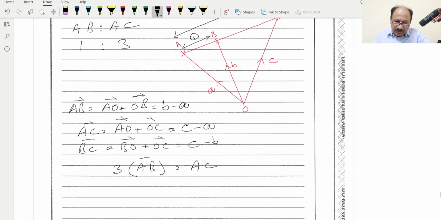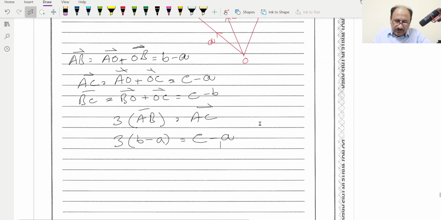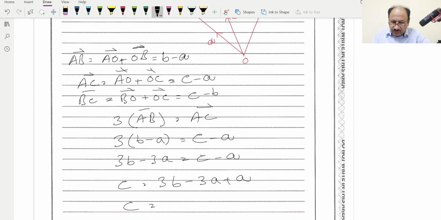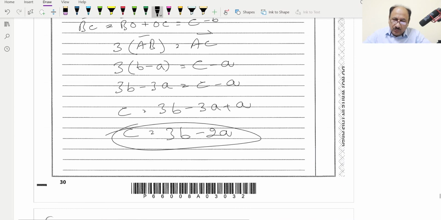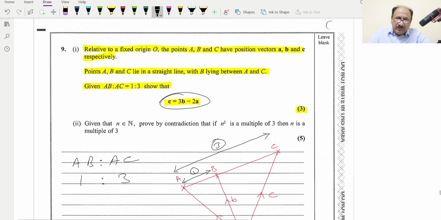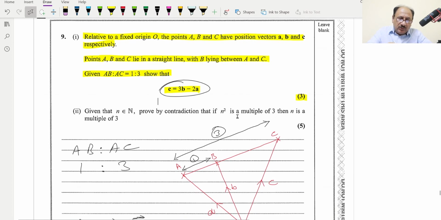So AB is equal to B minus A, so we can replace it: 3 times B minus A is equal to AC, and AC we have found is C minus A. Further we can open this: 3B minus 3A is equal to C minus A, and C will be equal to 3B minus 3A plus A. So C is equal to 3B minus 2A, and this was the required result, which we are done with.